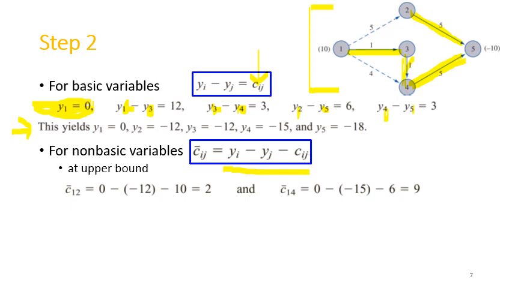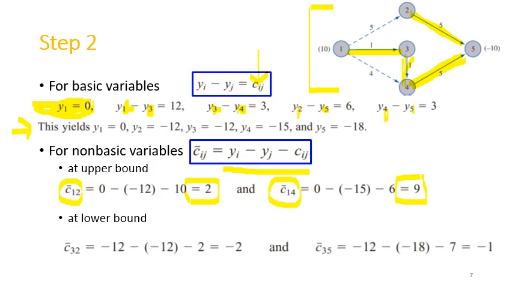So for x12, you check c hat 12, and then for x14, you check c hat 14. And apparently they are already greater than or equal to 0. So for the non-basic variables at the upper bound, they're already okay.